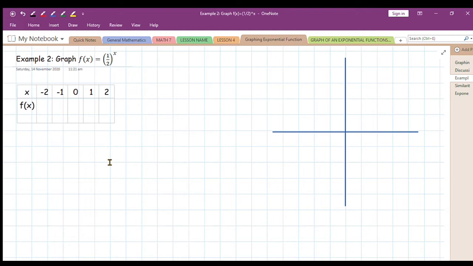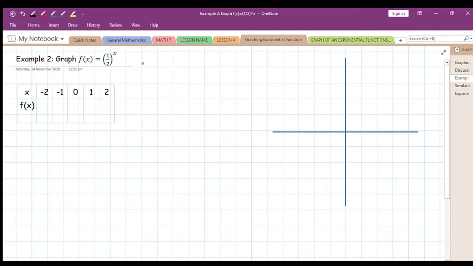So the graph of f of x is equals to 1/2 raised to x. What will be the value of f of x if our base here is 1/2, which is equivalent to 0.5?